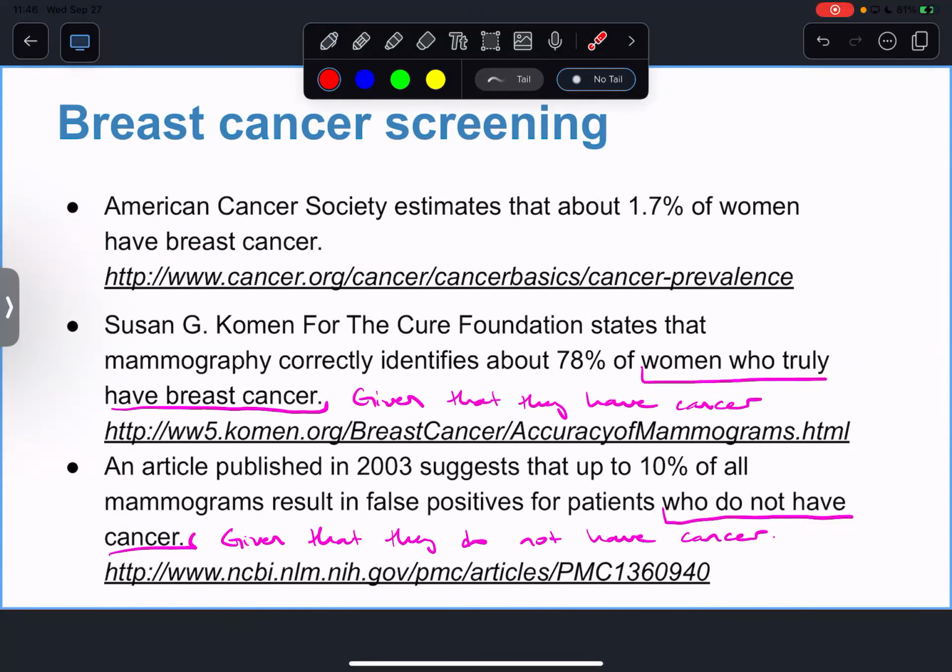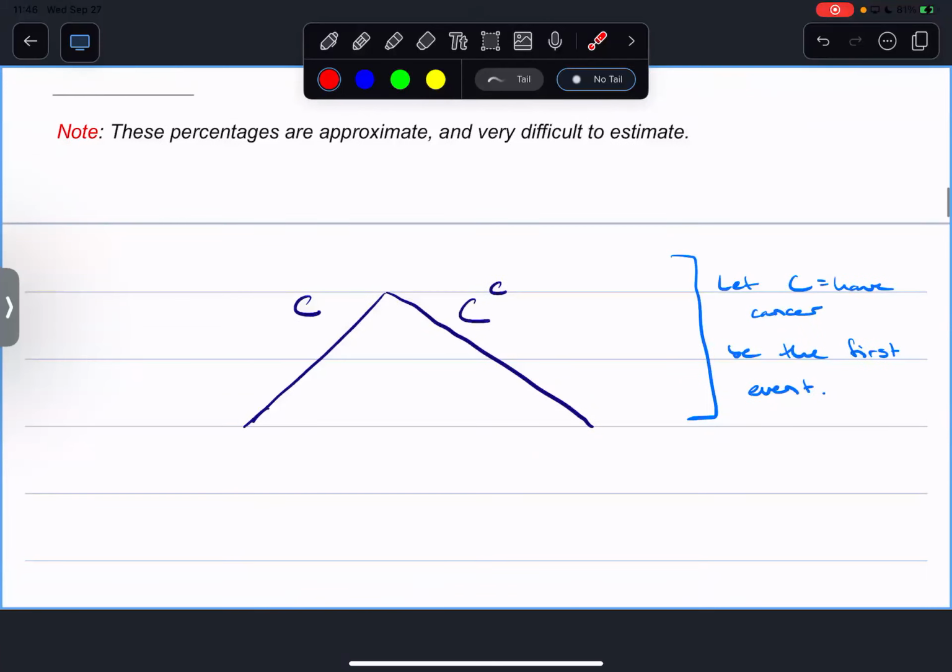So the probability of having cancer, or the probability of going down this branch, is 1.7%, or since we're going to be doing math, we should use the proportions. So this is going to be 0.017.